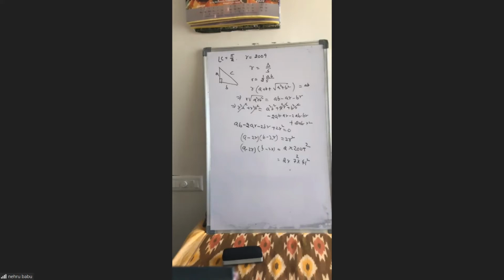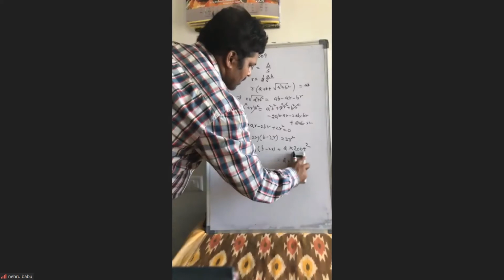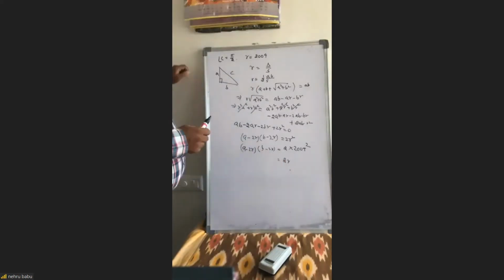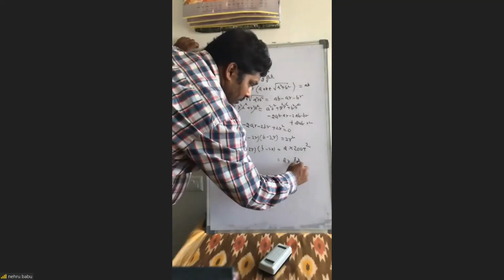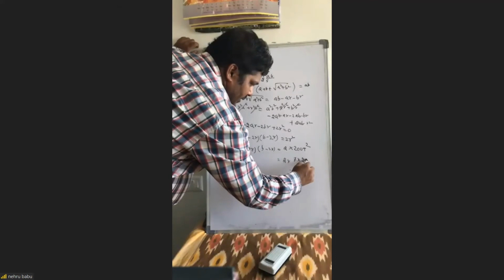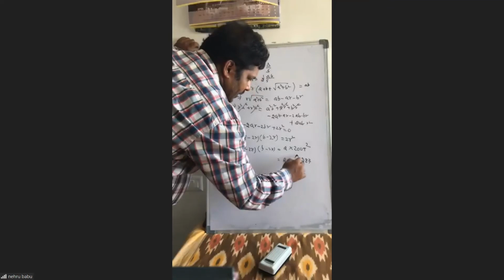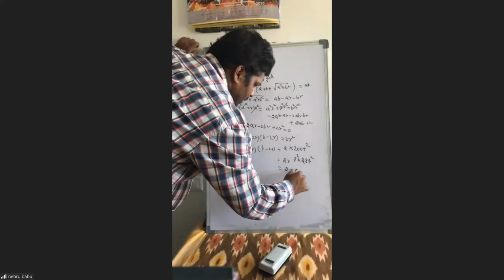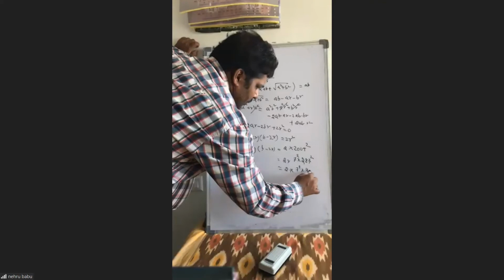Sir, 289 is coming, like 17 squares. 287. 7 into 41 whole square. One more 7 is there. Yes. 2 into 7 power 4 into 41 square.